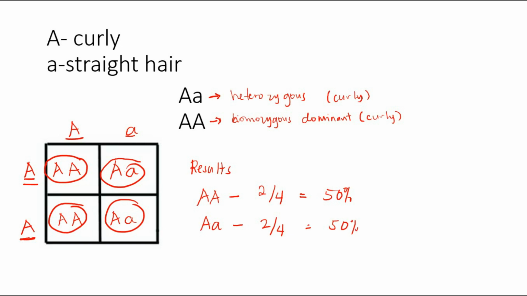So 2 divided by 4 times 100, that will give you also 50%. Therefore, this result says that all of their children in the future will be curly, or they will have curly hair. It's just that 50% of the possibility will be homozygous dominant, and also 50% for the heterozygous.